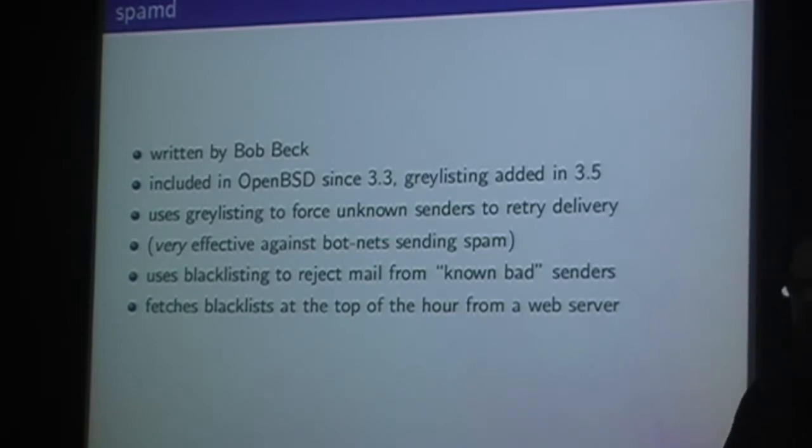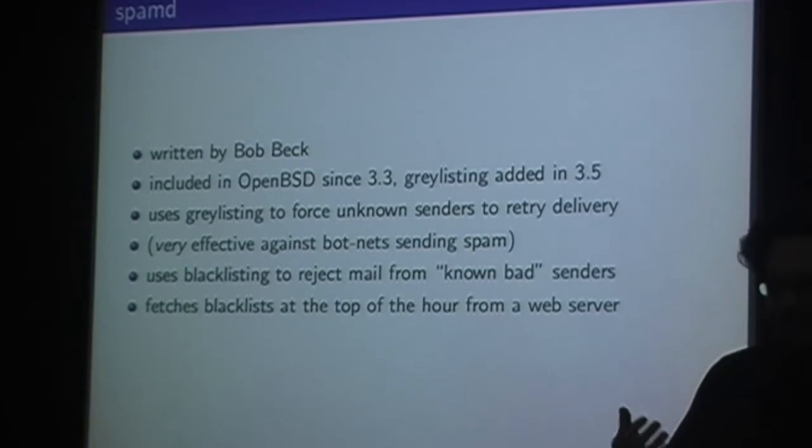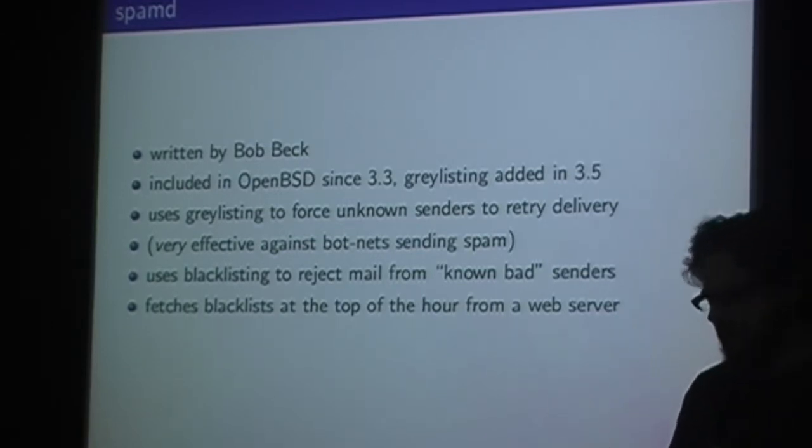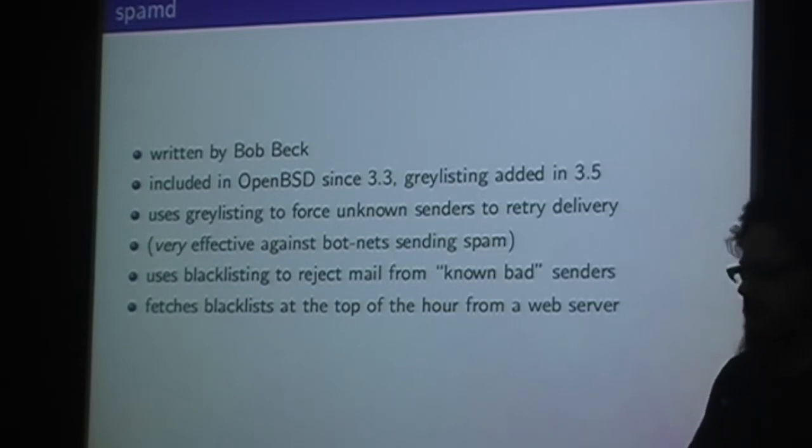So SPAMD has a mechanism to fetch blacklists from other systems, from a central server. This is traditionally configured with the spamd-setup program, which runs at the top of the hour, every hour, and fetches from a single web server.